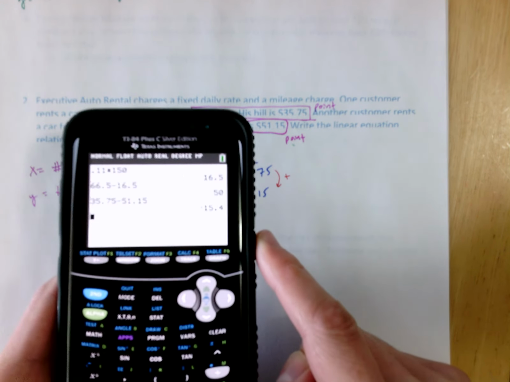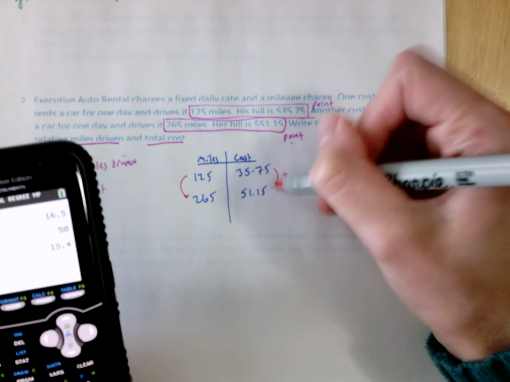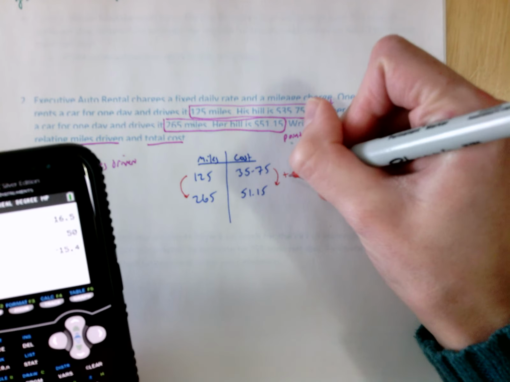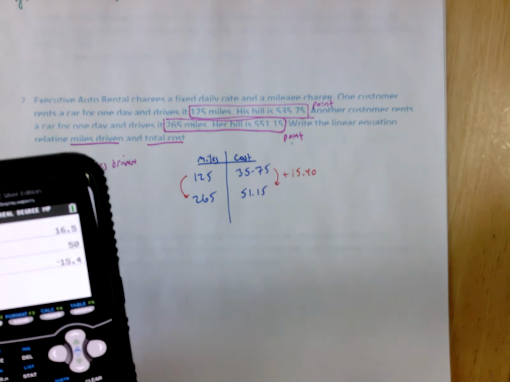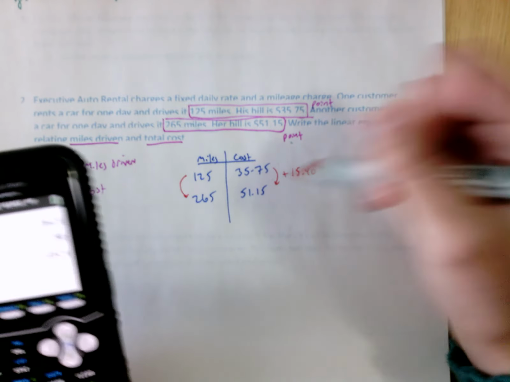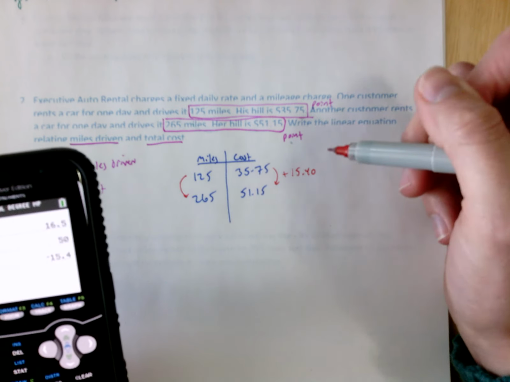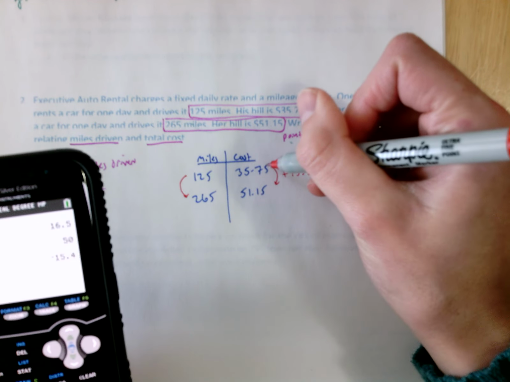I don't know if you can really see that on the screen, but it told me it's a negative answer. But because I can look at this and see that the numbers are going up, I'm not going to write negative. I'm just going to say that we're adding $15.40. It doesn't matter which order you subtract them in, as long as you use your brain. And if you don't want to use your brain, always do the second one minus the first one.